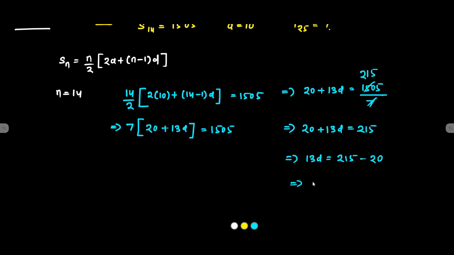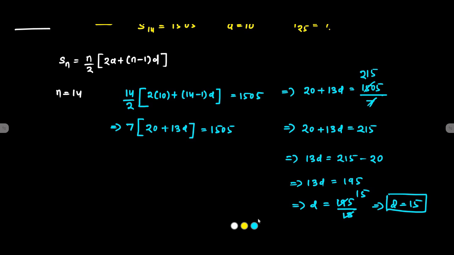That implies d is equal to 195 by 13. We have 1, 19 minus 13 is 6, so it is 15. So that implies the common difference is equal to 15. Okay, the common difference is equal to 15.